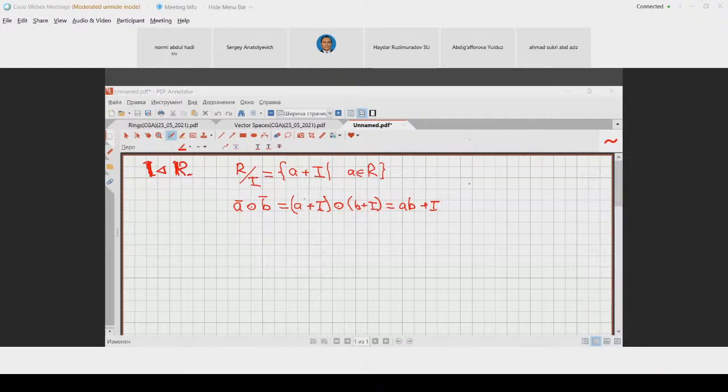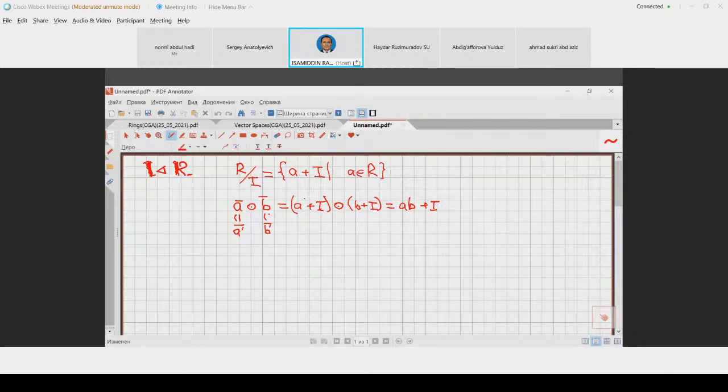Now we should show that this product doesn't depend on the choice of the representatives a and b. So I will take another a as a prime here, and b prime here.